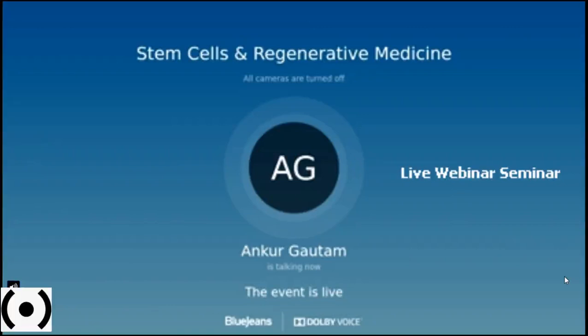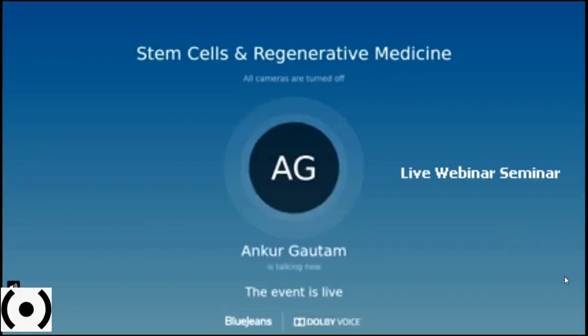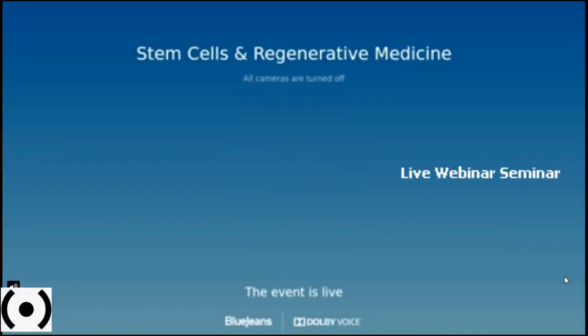Okay, then what is the accuracy of differentiation of iPSCs using various growth factors? As I told you, the differentiation or reprogramming efficiency is very low. So what you have to do is differentiate cells and then have a stringent criteria to select those differentiated cells.